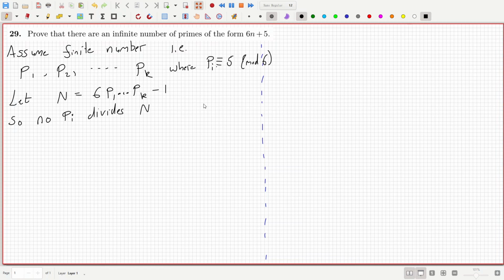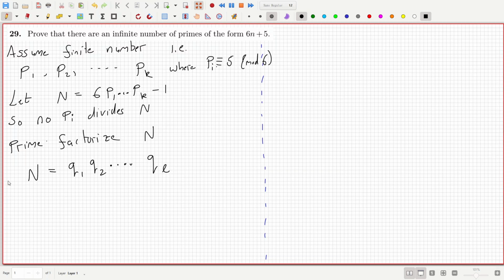Okay, so now let's prime factorize this n. So n will equal some product of primes, which I'll call q1, q2, etc., up to ql.